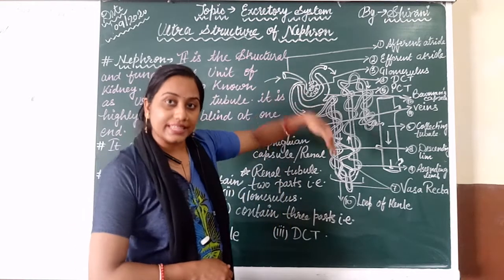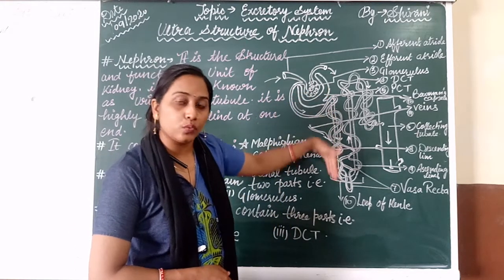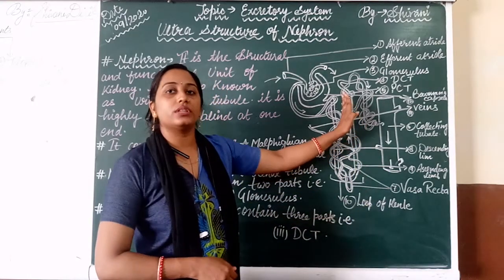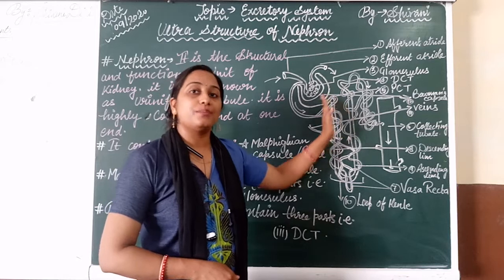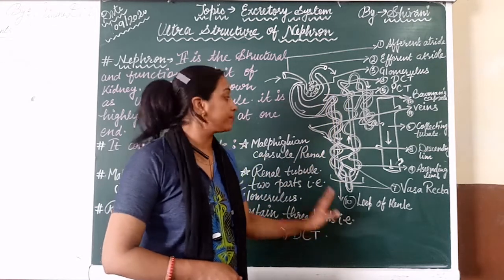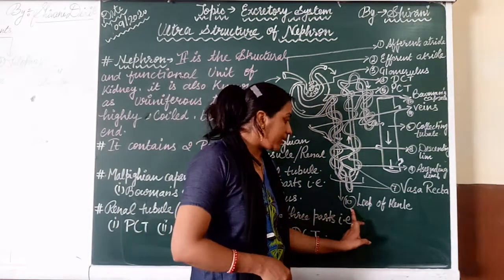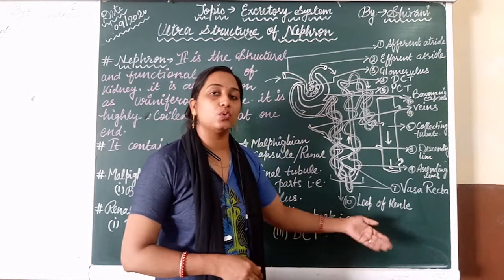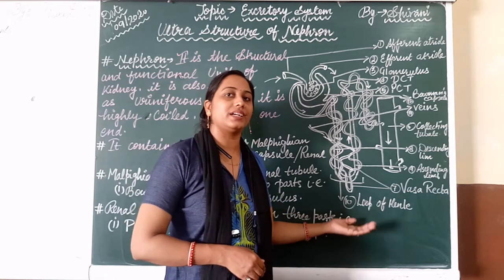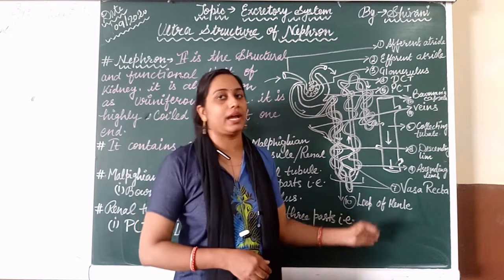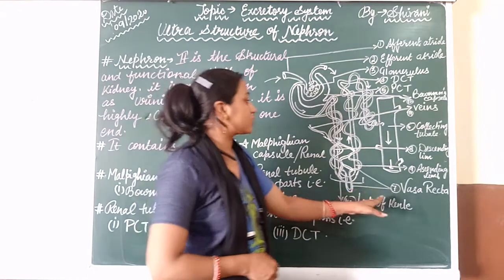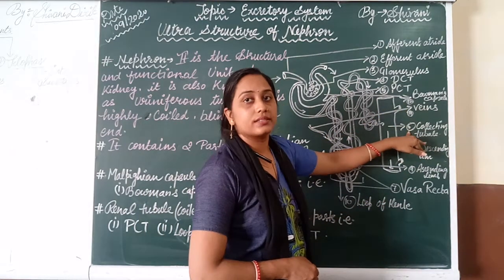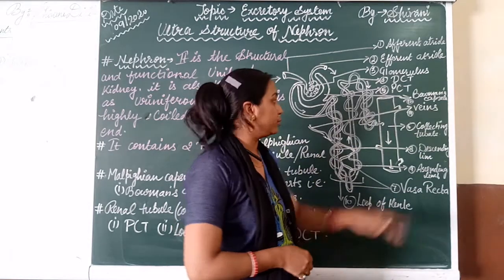One is the descending limb that is coming downwards, and the ascending limb that is coming upward, so that the process of absorption will take place. And this point number 10 is known as loop of Henle. Henle is the person who studied that part, that is why it has been given his name.